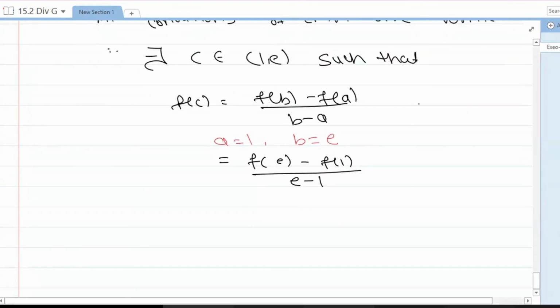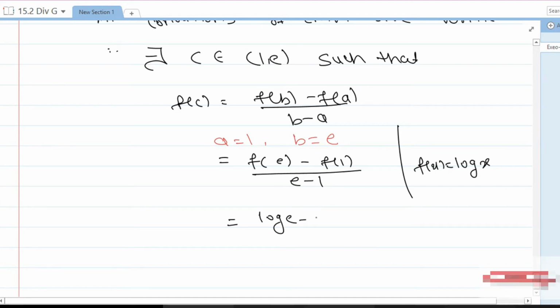What is our function? Function is log x. So what is value of f of e? Log e. And f of 1 is log 1, which is 0, divided by e minus 1.